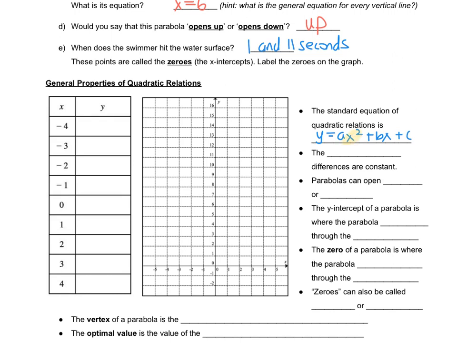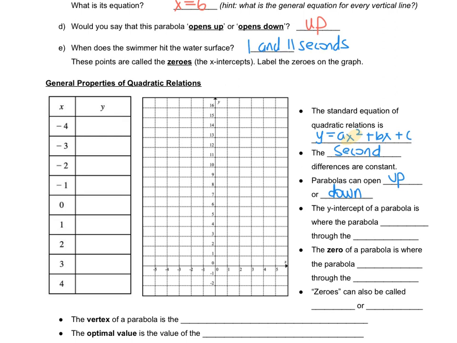That's what makes it quadratic, because we don't just have an x anymore. Now, which differences are constant for us? It is the second differences that are constant. The first differences are only constant if it is linear. Parabolas can open up or down. Now, we saw one that opens down, but I'm going to show you one that opens up right now.